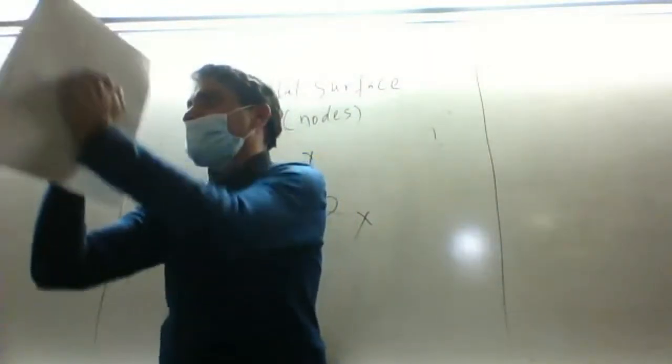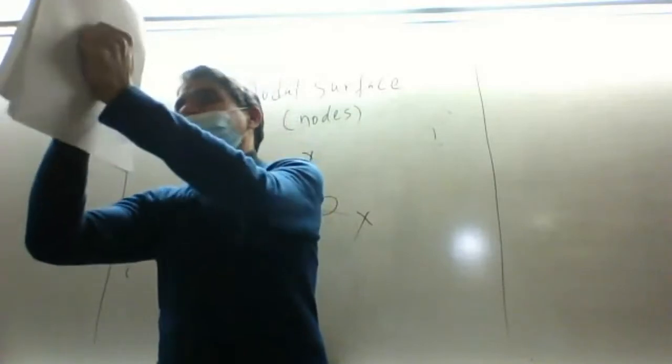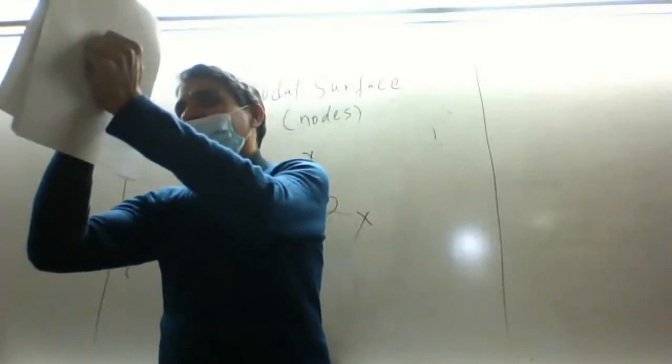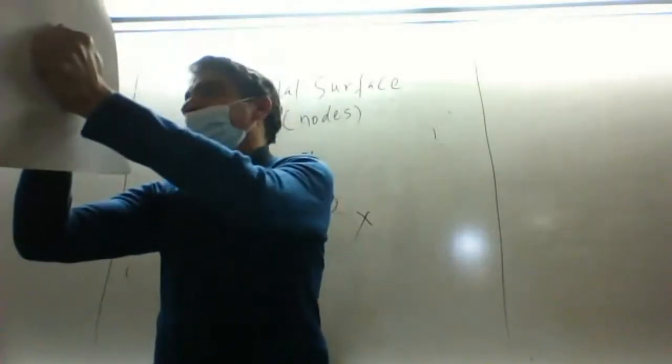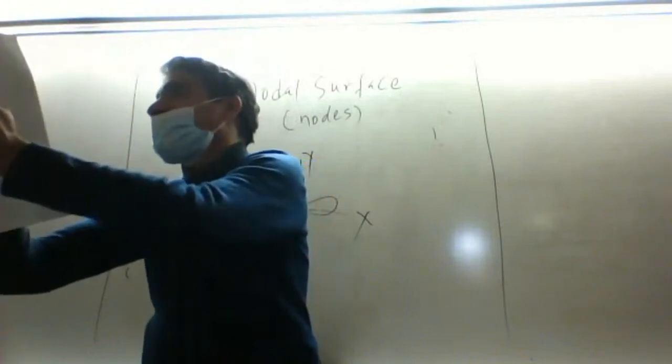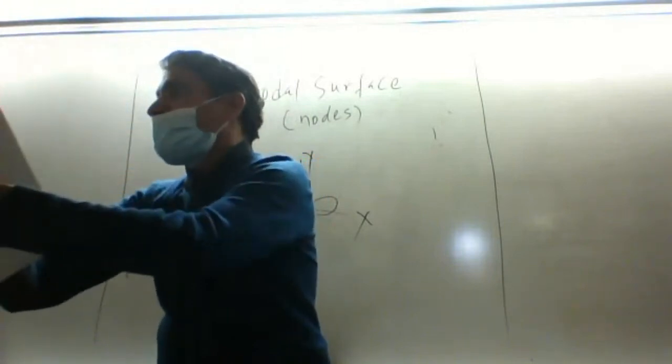You see, between there is a surface, right? You can find the electron either on this side or this side, but along this surface where I put the paper, there is no possibility of finding the electron, and that is called the node. Make sense?